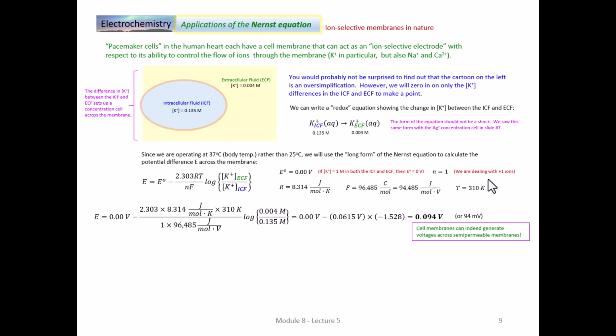Now, pacemaker cells in the heart, through changing concentration gradients of ions such as potassium, sodium, and calcium, can generate systematic voltage changes.